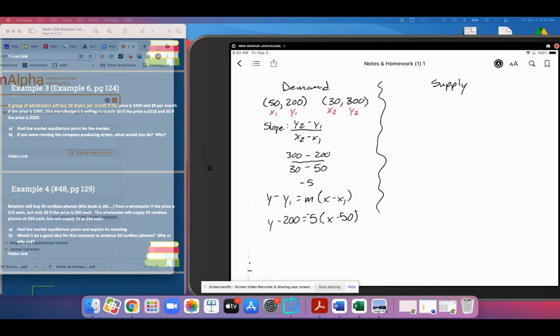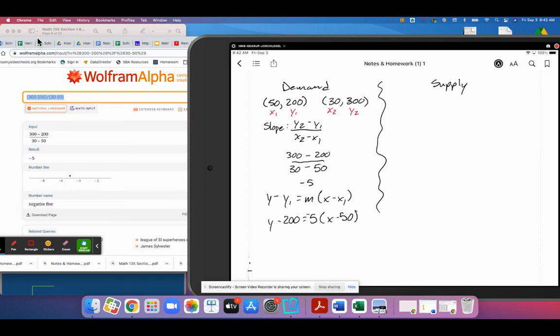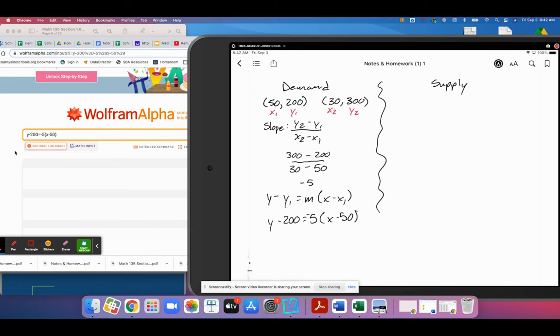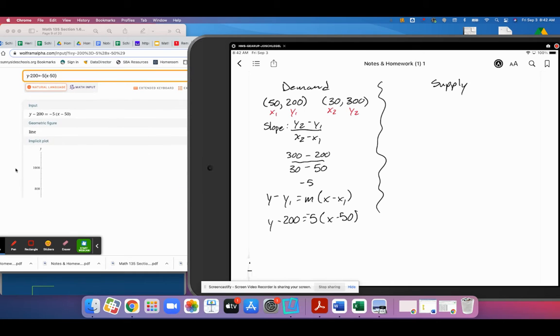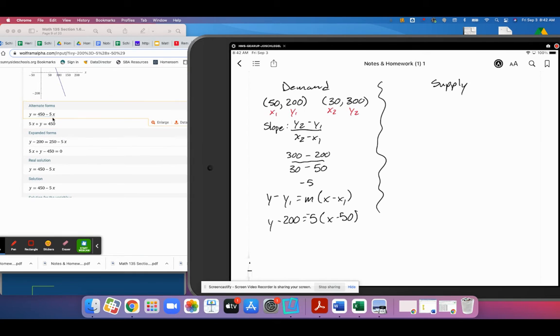I really very much prefer slope intercept form. So let's swing that in Wolfram and see what our alternate form looks like for this problem. It looks like our alternate form is going to have the x value last. I prefer the x value first, so I will have y is equal to -5x plus 450.